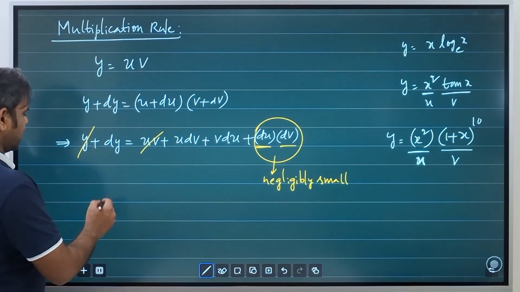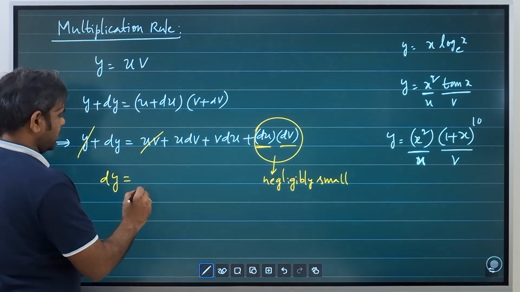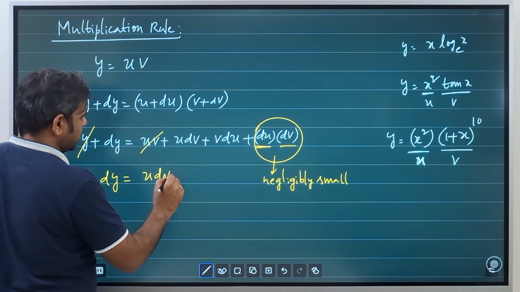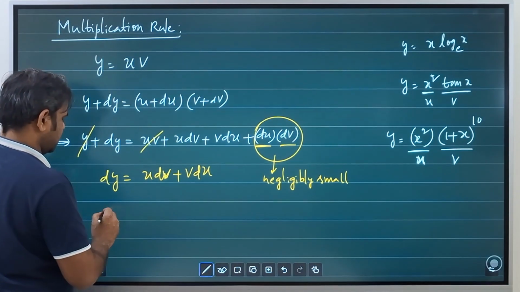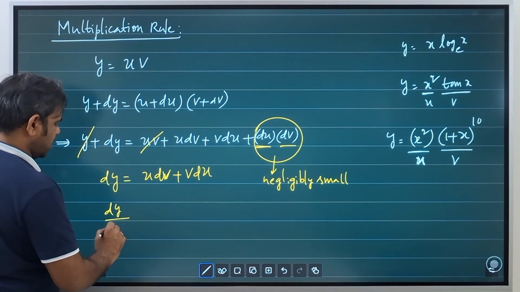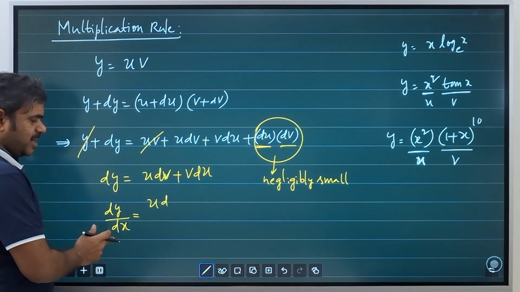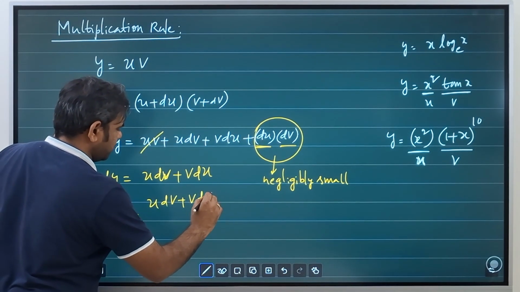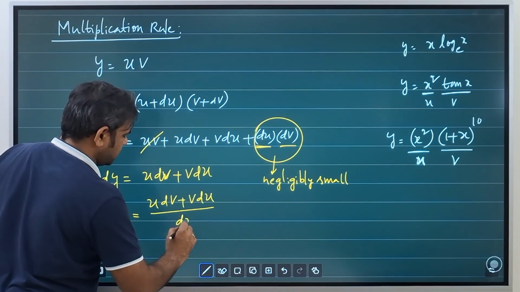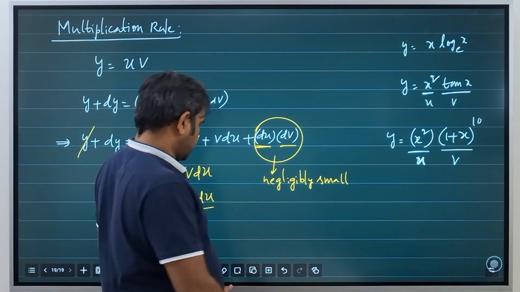So if you neglect that, you will have dy on the left hand side, u dv plus v du on the right hand side. Now divide with dx on both sides: u dv plus v du by dx. Now split the terms on the right hand side.